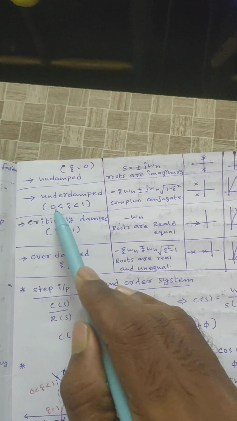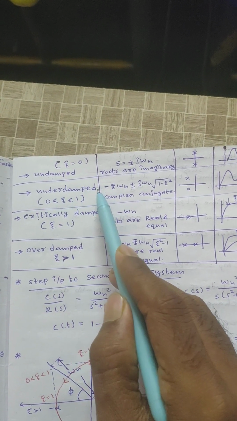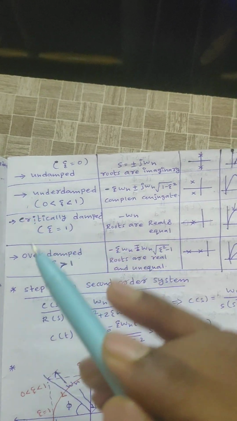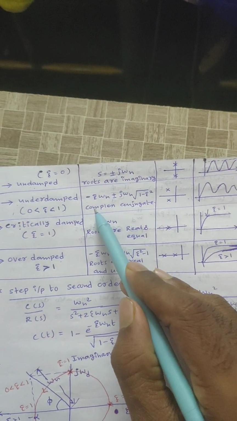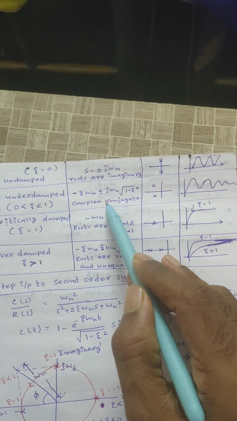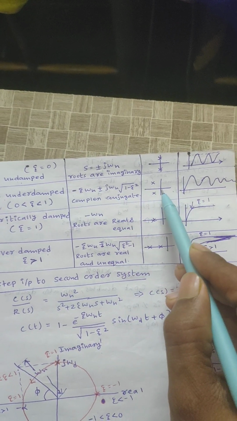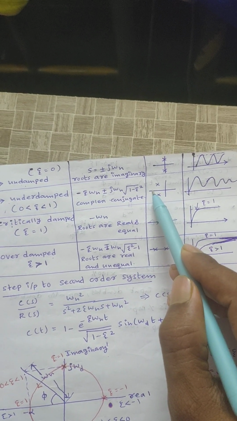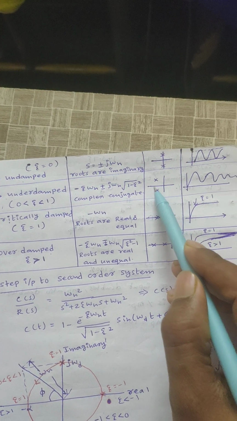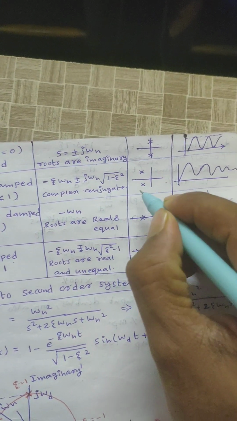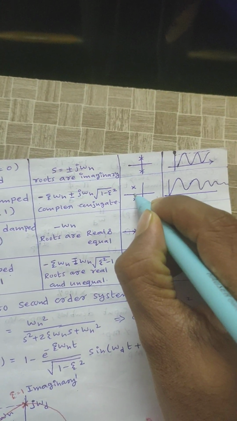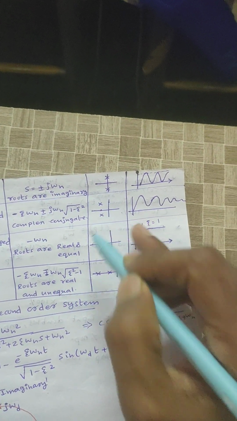The underdamped system is a practical system. The roots are complex conjugate and are placed on the left half of the s plane only. For example, assume minus 1 plus 1j and minus 1 minus 1j. This is the representation of poles.